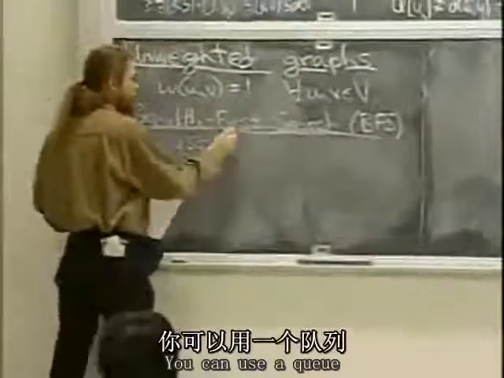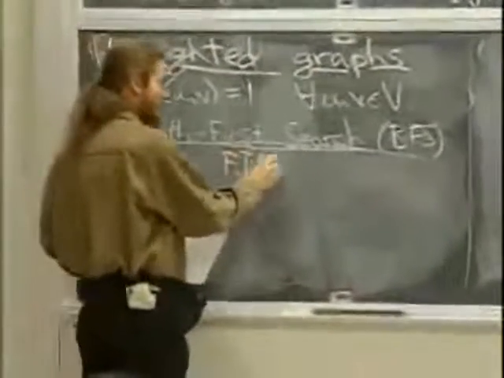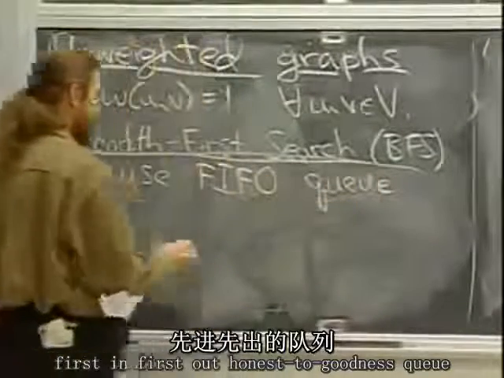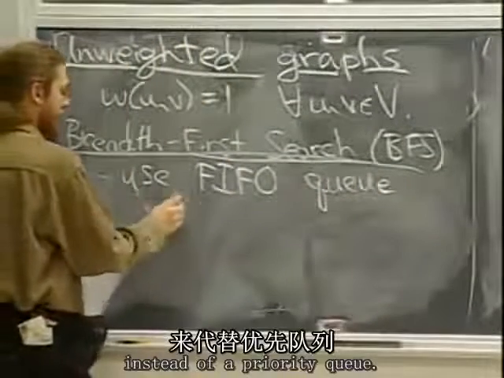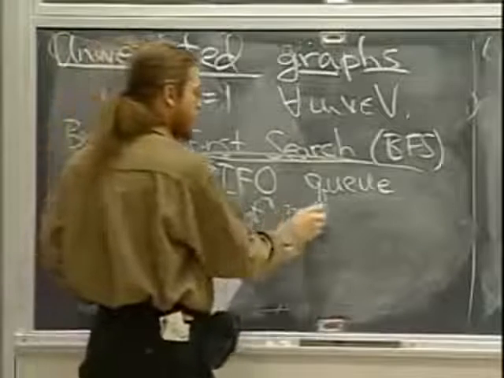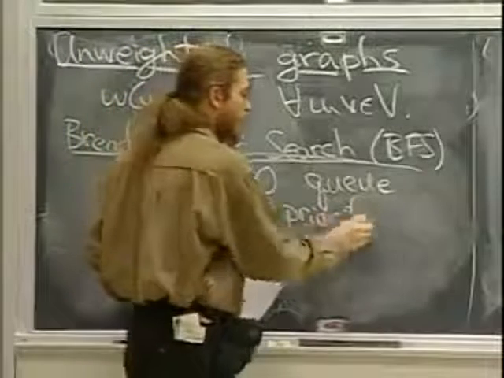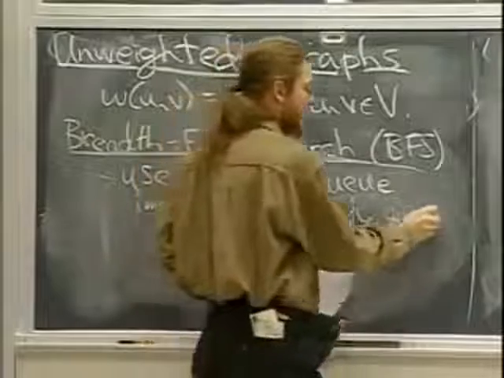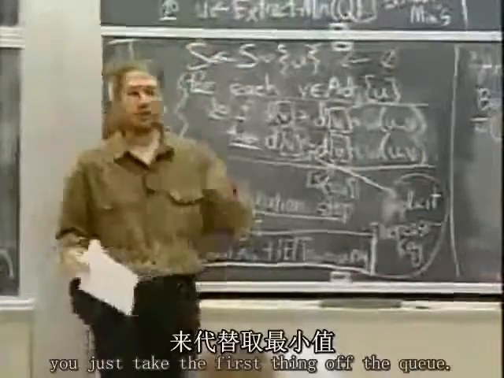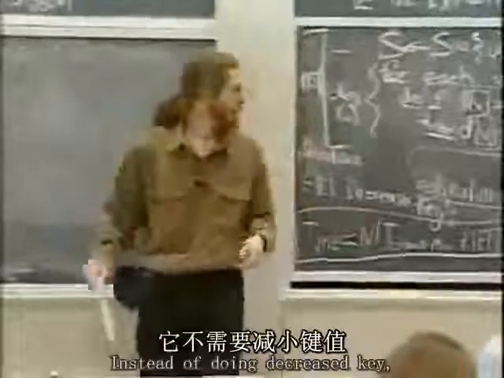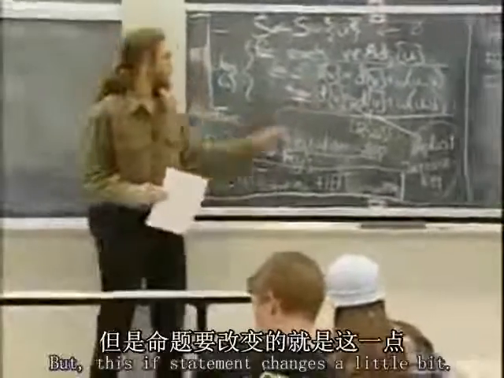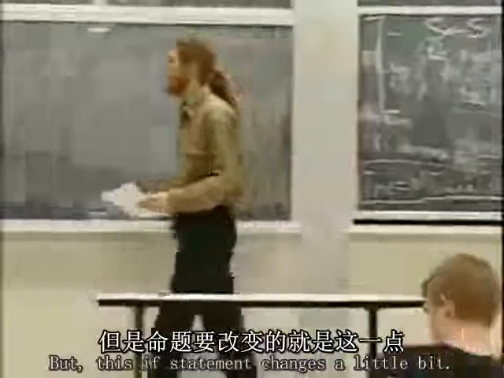You can use a queue, a first in, first out, honest to goodness queue, instead of a priority queue. Okay, turns out that works. Instead of doing extract min, you just take the first thing off the queue. Instead of doing decrease key, here's a subtlety, but this if statement changes a little bit.